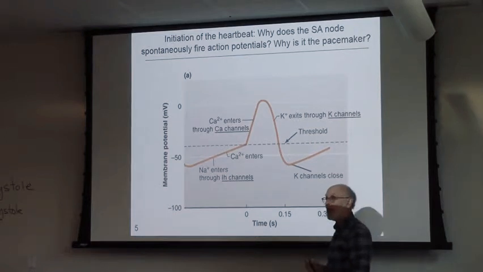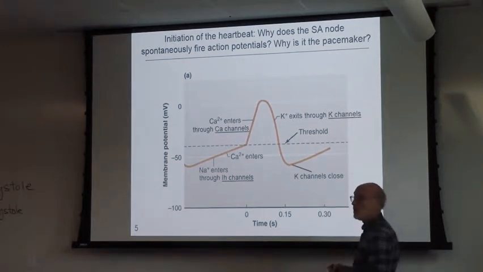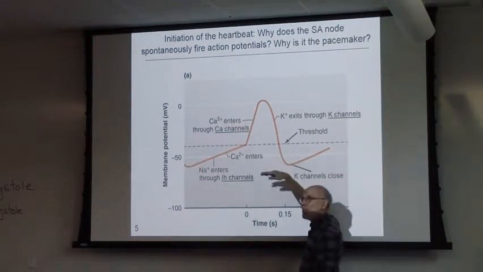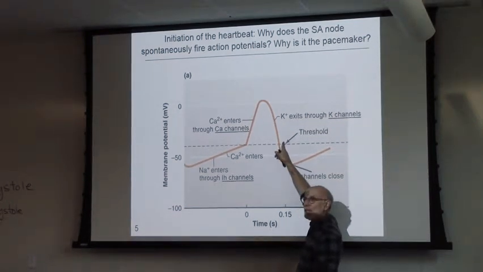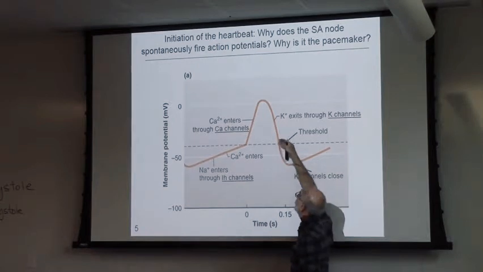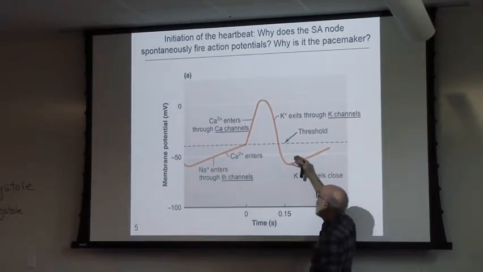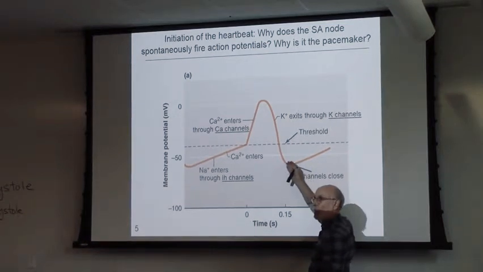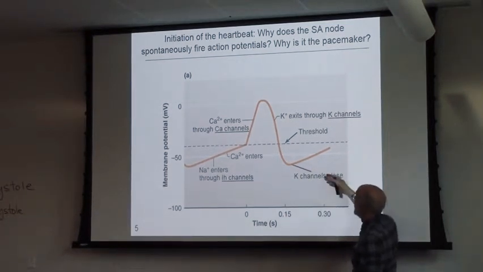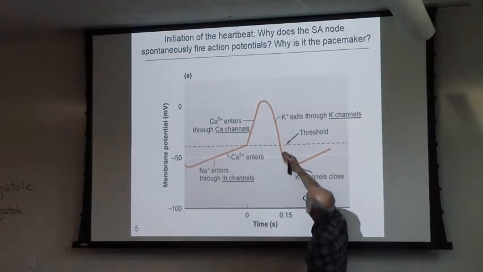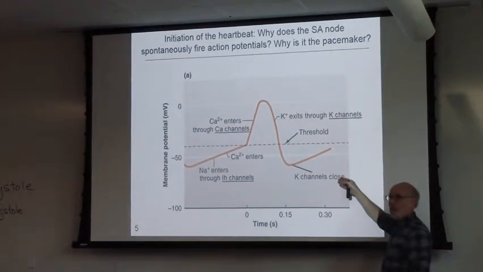So that's the mechanism of, well, one more thing. The potassium channel, so I need to jump to the other end. Remember that potassium channels were responsible for the repolarization, but they are opened by depolarization and closed by hyperpolarization. So they're open here, they're causing the repolarization, and then the potassium channels close.